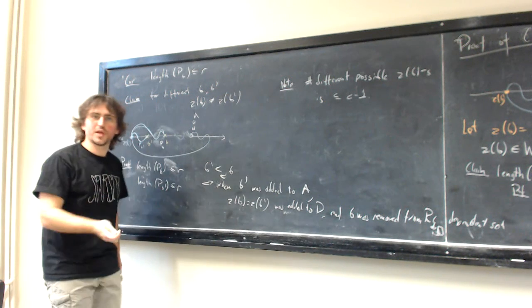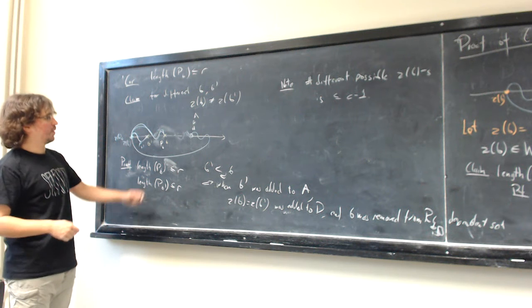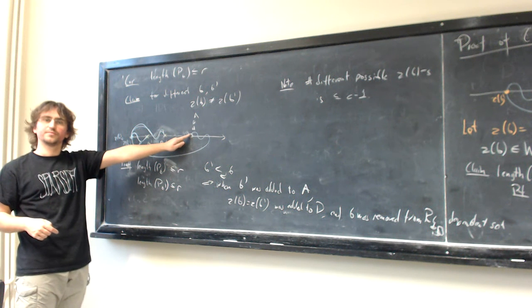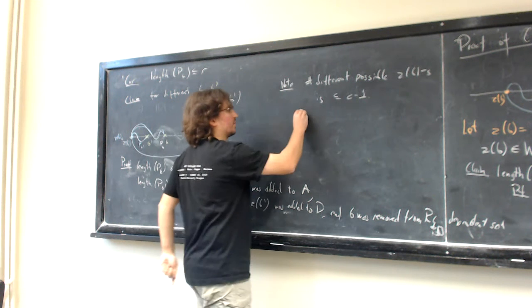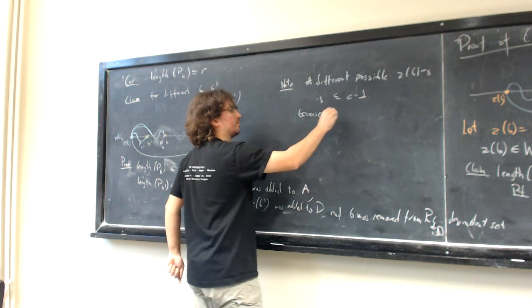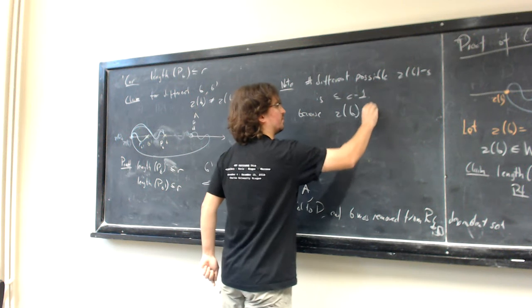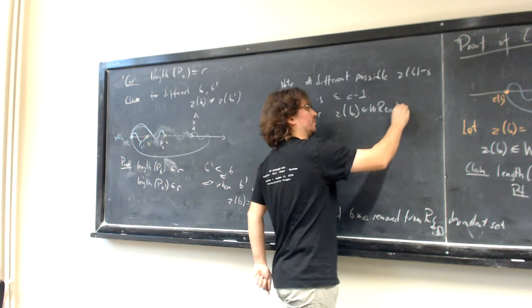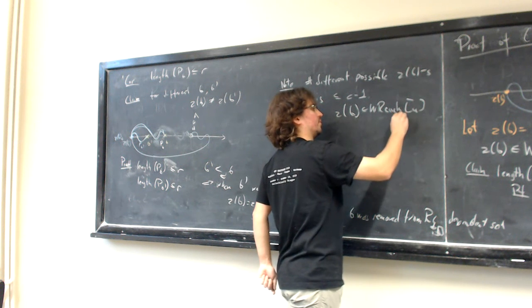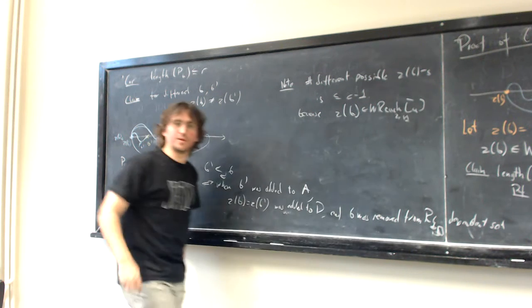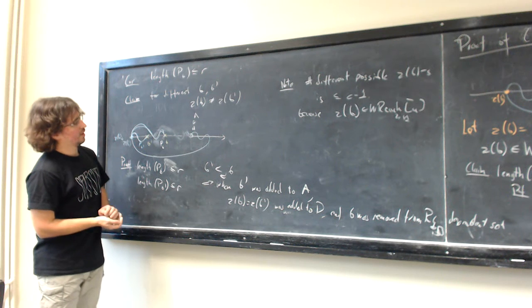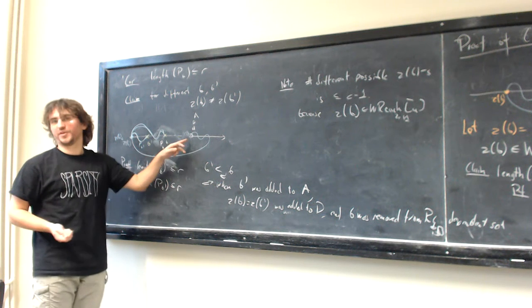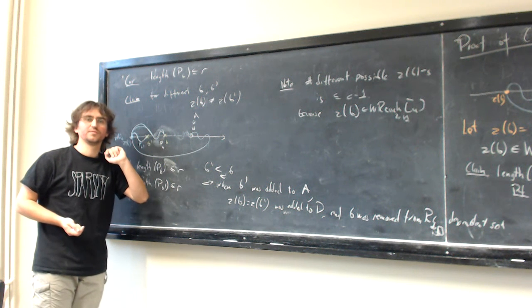Because each of them is weakly R plus 1 reachable from A. Yes? And the weak reachability sets are bounded by C, and Z of B is of course different from A, so I actually have C minus 1. Yeah?